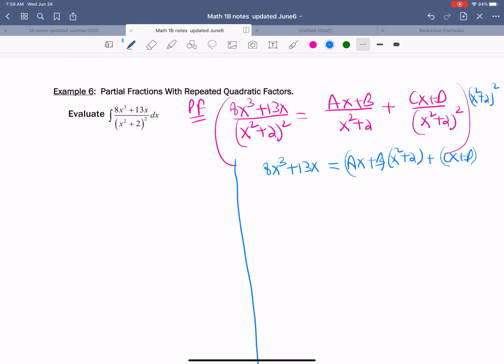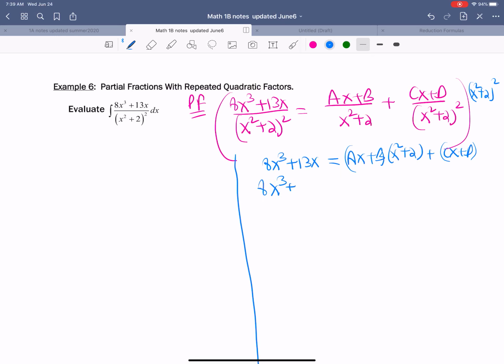Okay, so what we would do now is distribute and combine all the like terms. So it turns out to be ax to the third plus 2ax plus bx squared plus 2b plus cx plus d.